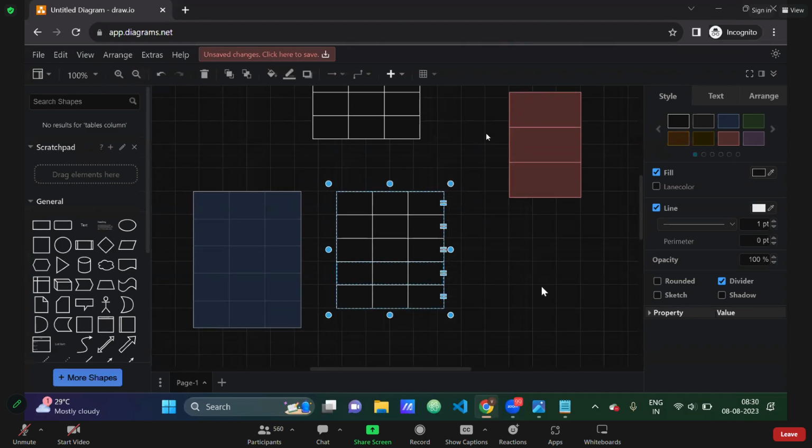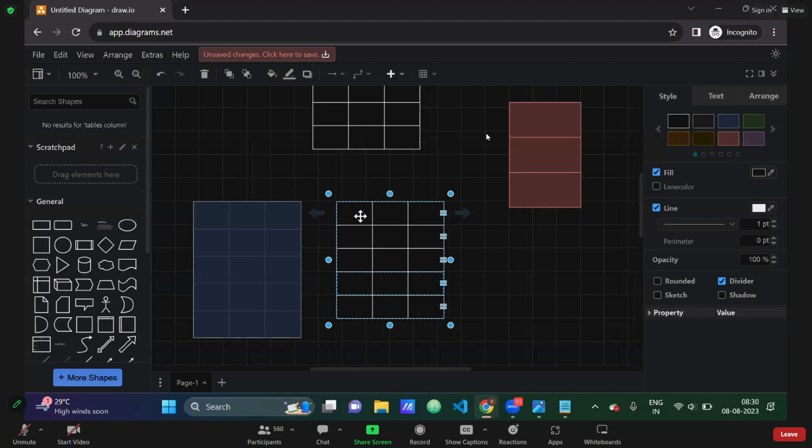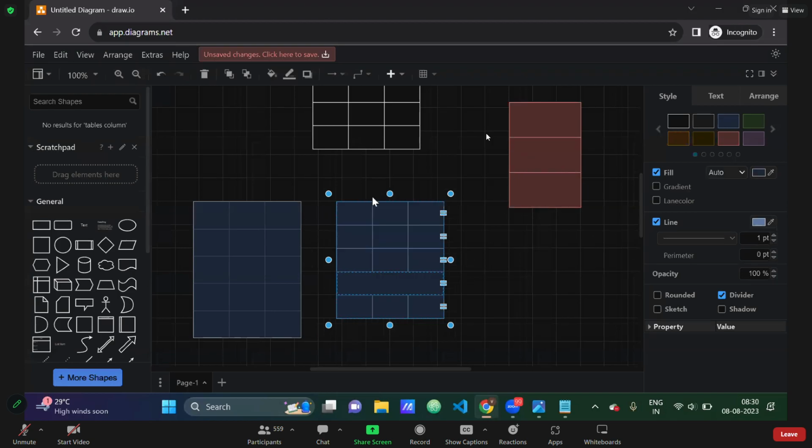Now coming to the second option. So coming to the second option, what can be done? You can add 2 horizontal and 3 vertical, right?